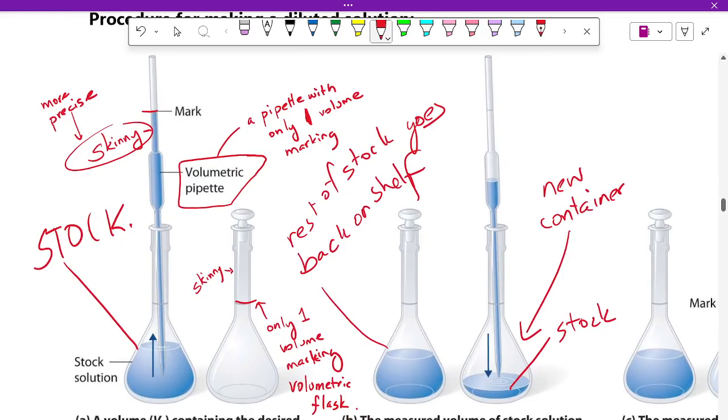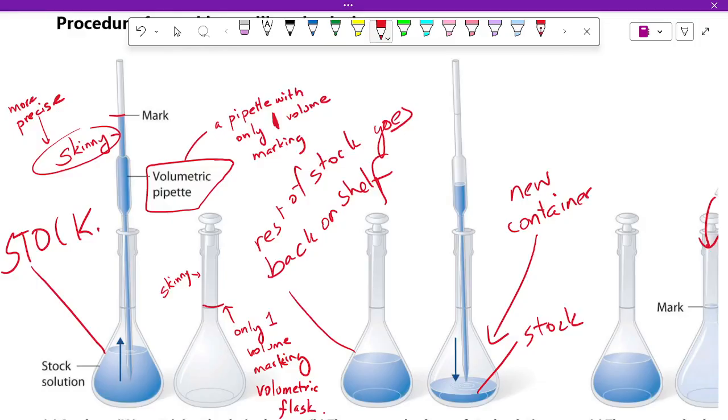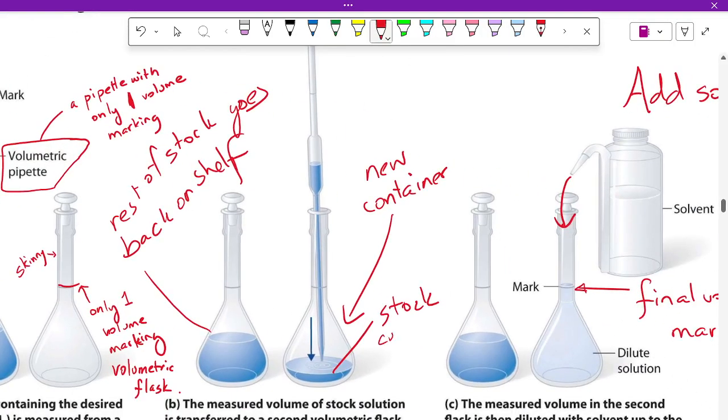So basically, take your stock solution, however much contains the right number of moles. So you take your stock containing the correct number of moles, and then you just add water. I'm going to put water, technically solvent, but we're only going to be using water.